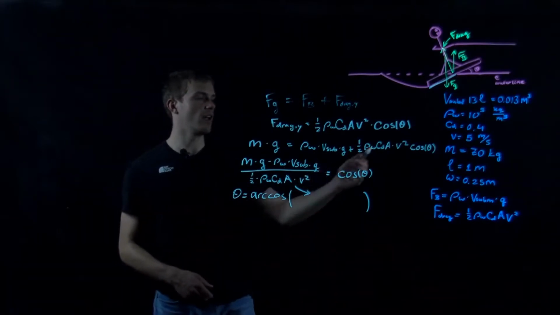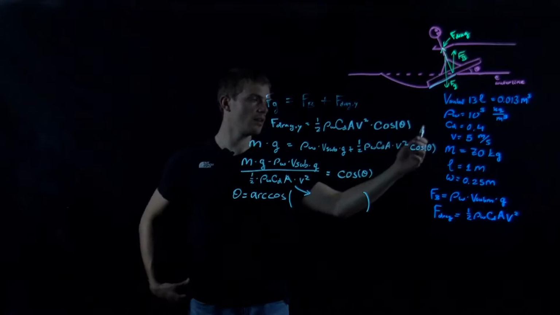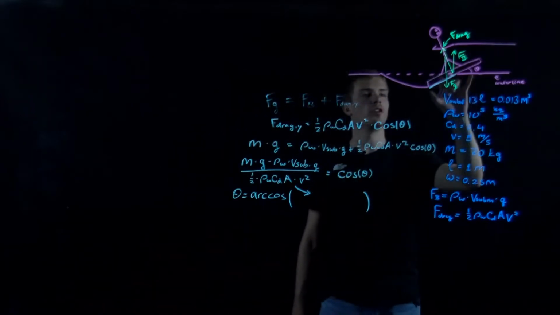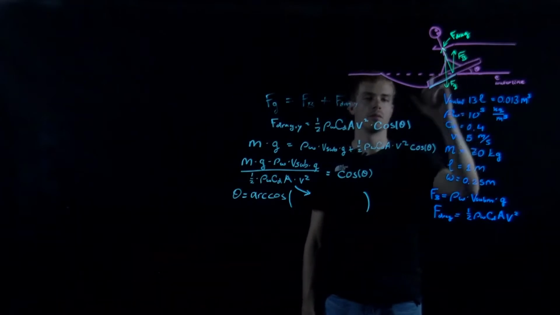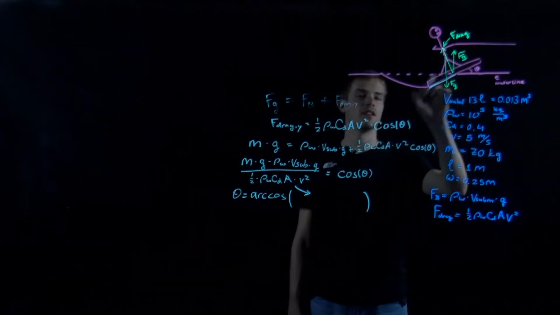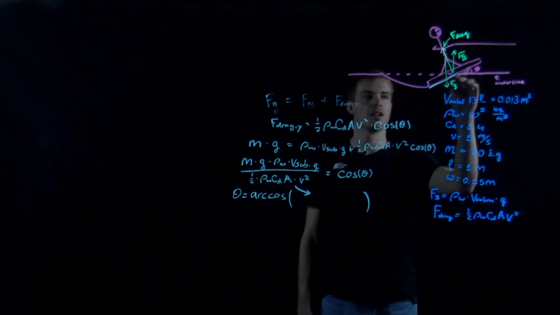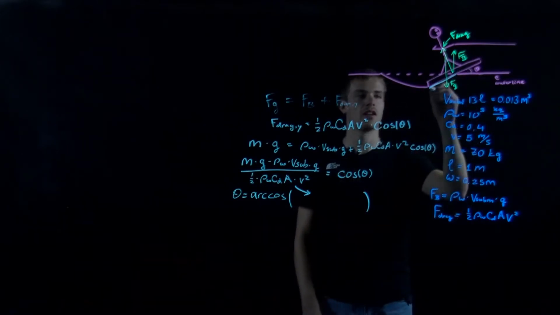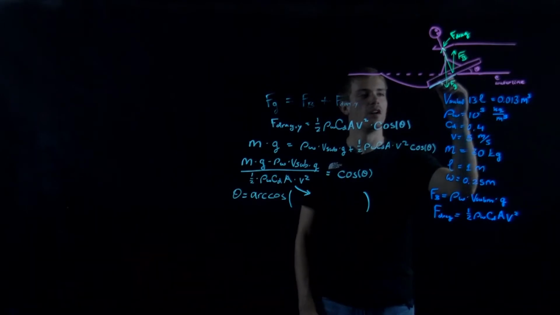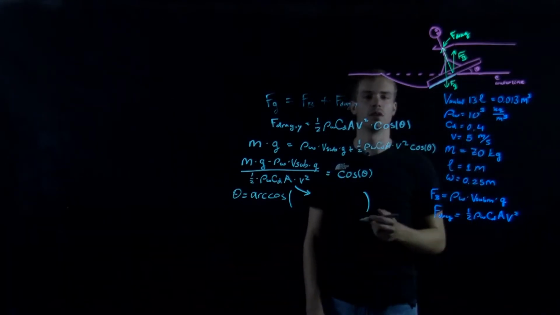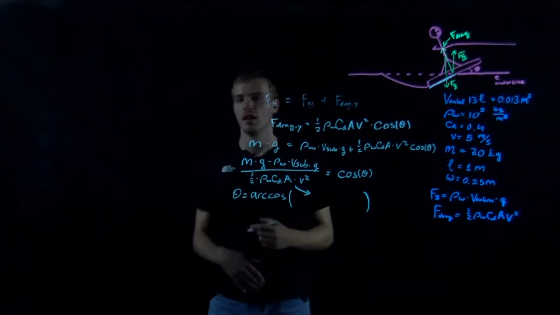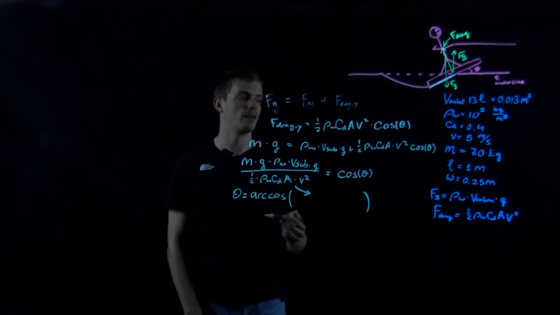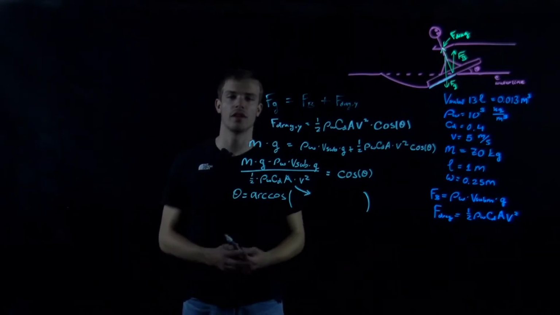The area, which is the length times the width, is the total area underneath the wakeboard. But the problem is that not the whole area underneath the wakeboard is submerged into water. So we can almost say that half of the wakeboard is underwater, and we can call that the effective area.